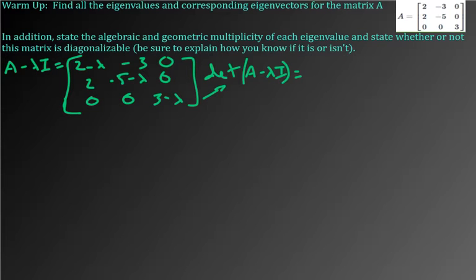So if we were going to do it along this row, we would have 3 minus lambda times the determinant of this, and it would be positive. So basically you're just going to get 2 minus lambda times negative 5 minus lambda, and then minus these multiplied together, so really plus 6.